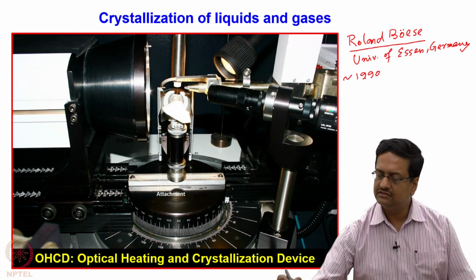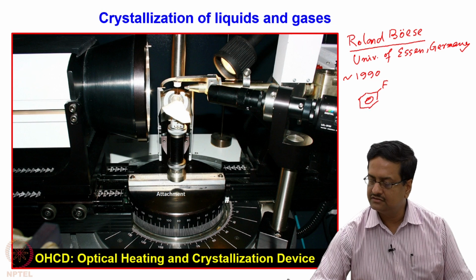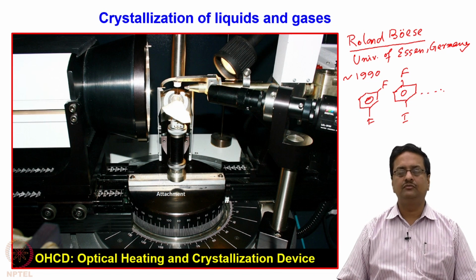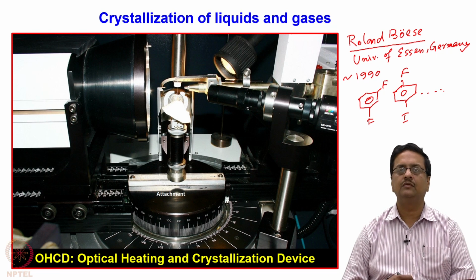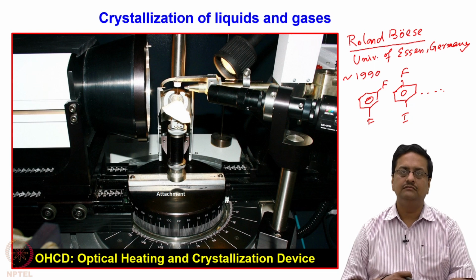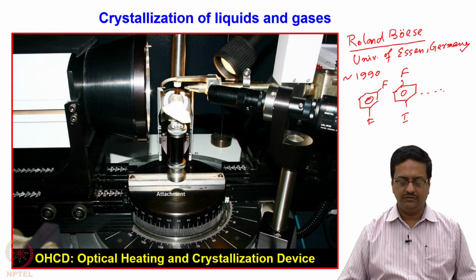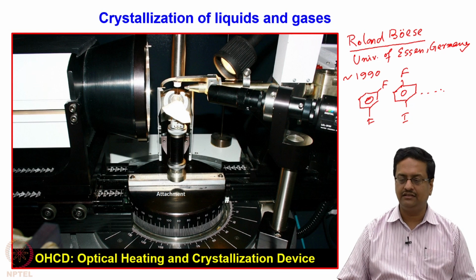What they tried to do was crystallize a set of fluorinated benzenes, difluorinated benzenes, fluoroiodobenzenes and so on, which are all liquid at room temperature. So they wanted to crystallize these materials and study their intermolecular interactions. In that process, they wanted to make a device which can do crystallization under controlled cooling and heating.